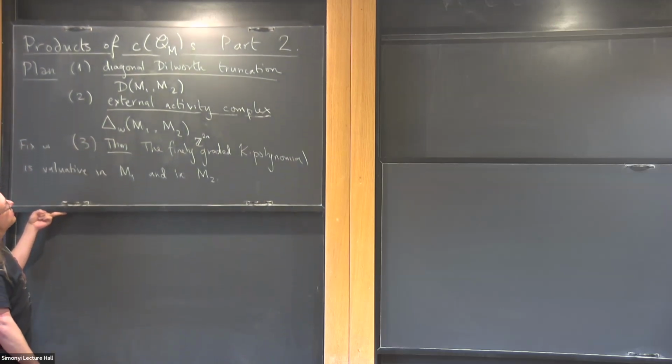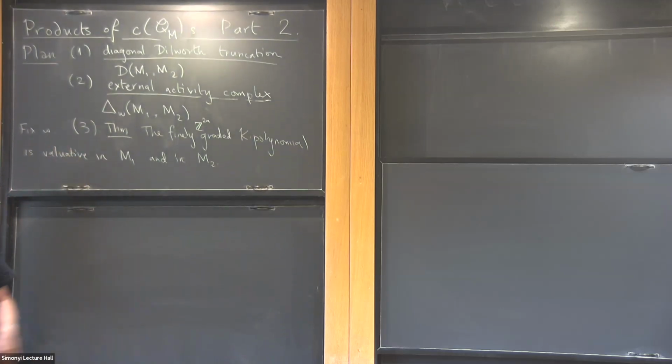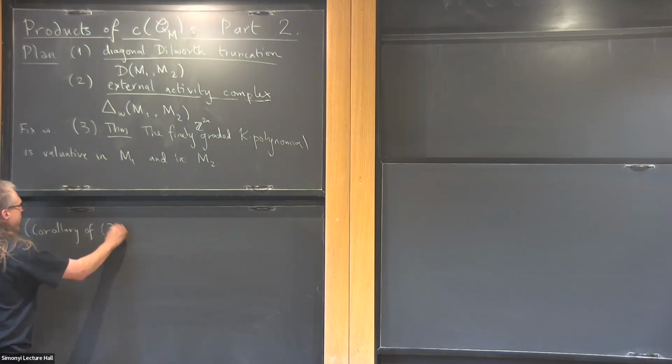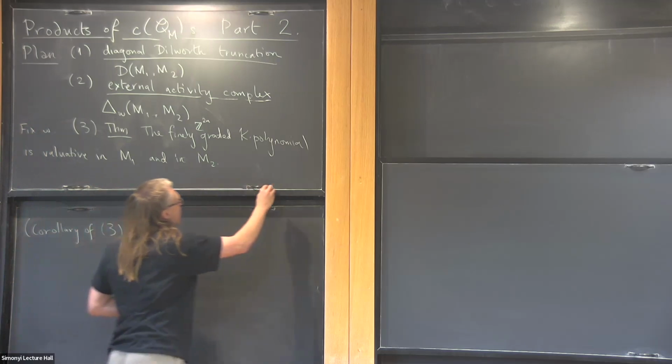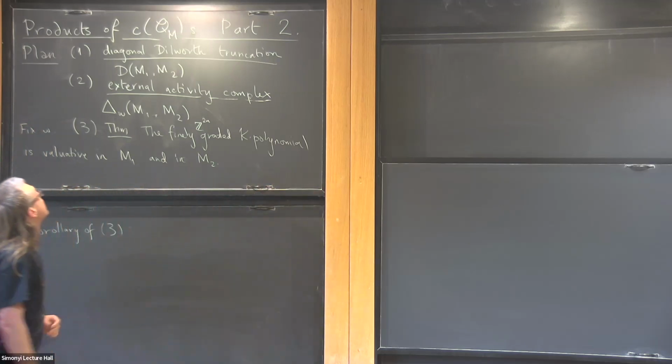And yes, maybe it's worth saying now before I hop in what we do with this. This is not a part of the plan, but it is the reason that we're doing 3, from the point of view of what I did last time.